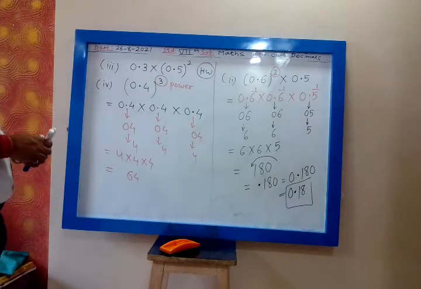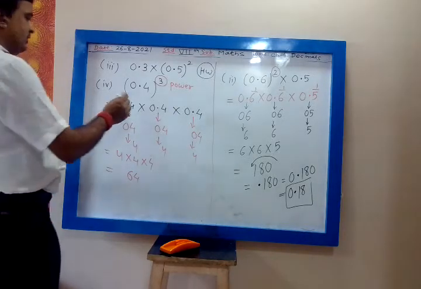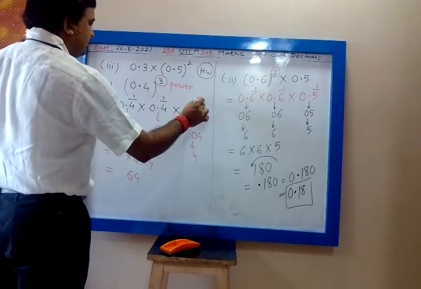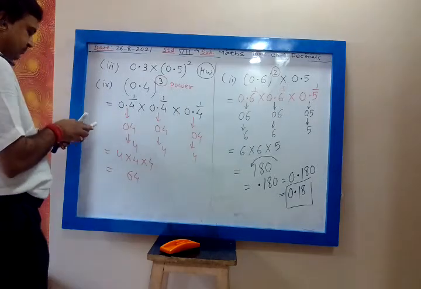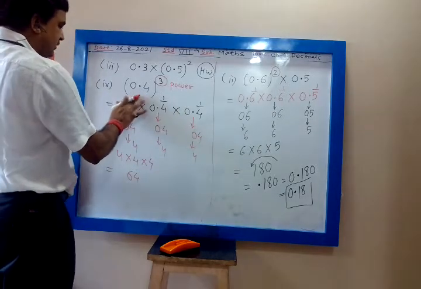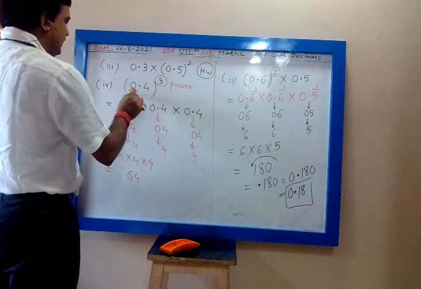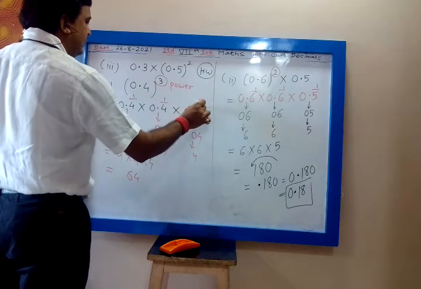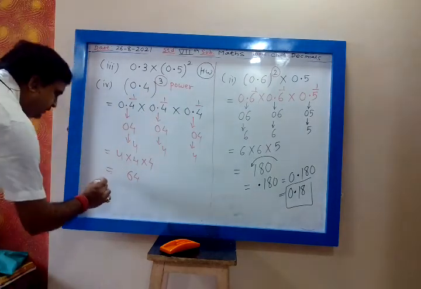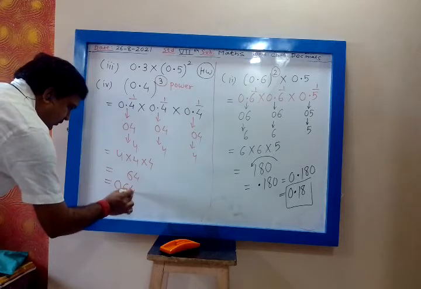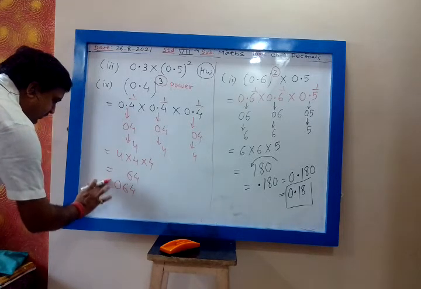But in the product, you have to place the decimal after how many digits? 1, 1, then 1. That is 3. 1 plus 1 plus 1 is 3. So we write this as 064, or 0064, no problem.